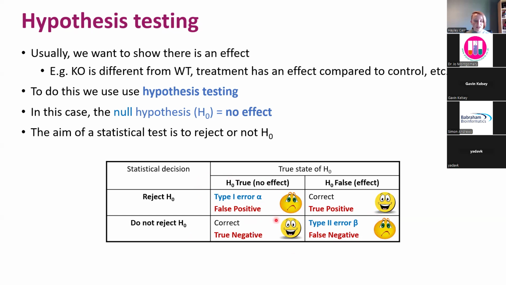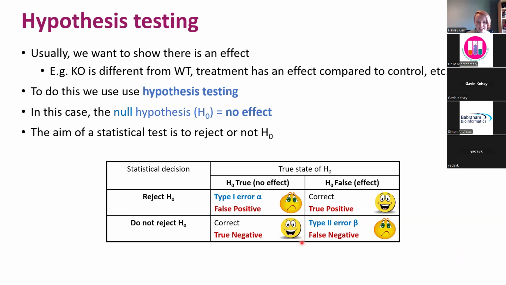We can have our type 1 error, which is also called alpha, which is our false positives, when our null hypothesis is actually true and there is no effect, but we reject our null hypothesis in our statistical decision making. Or we can have our false negatives, which are our type 2 errors, and this is called beta, which is where our null hypothesis is false and there is an effect, but we fail to detect this and we don't reject our null hypothesis for our statistical decision.